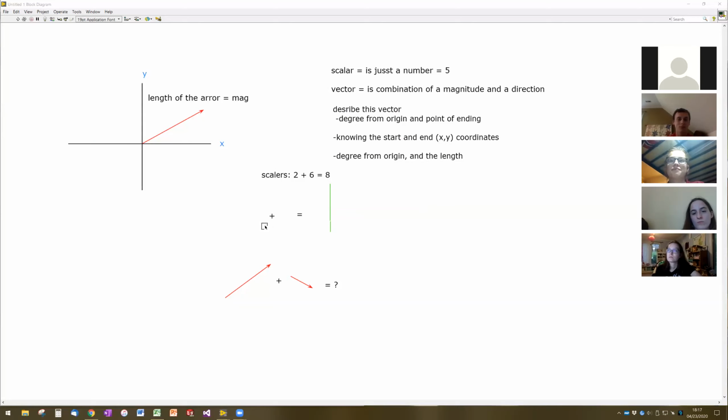Okay, so the summation of these two scalars is just a larger stack, right? So if this one's length 2 and this one's length 6, you get a stack that's a total of 8 tall. What do you think about adding the 2 vectors together? Ethan, any thoughts?